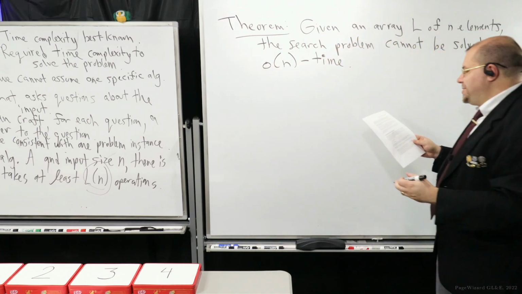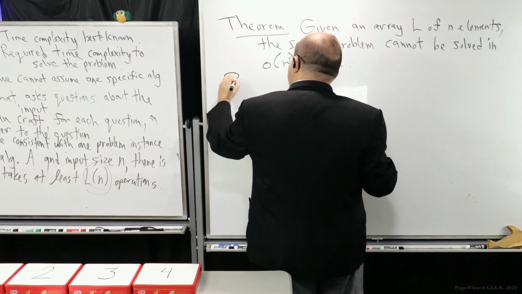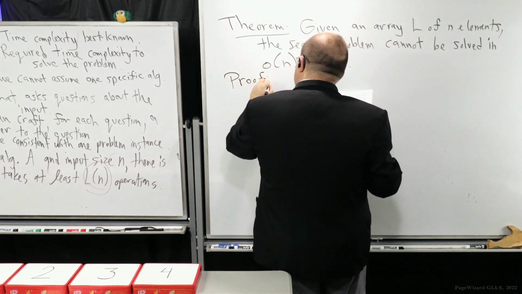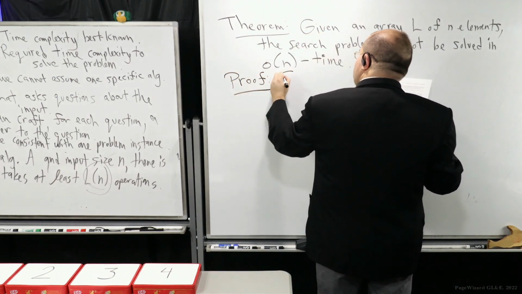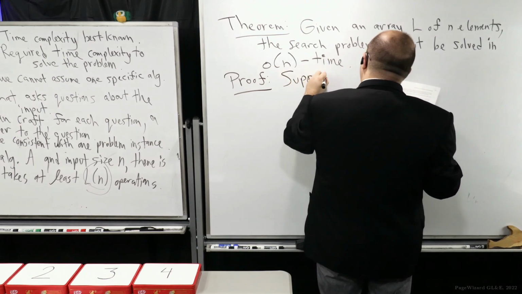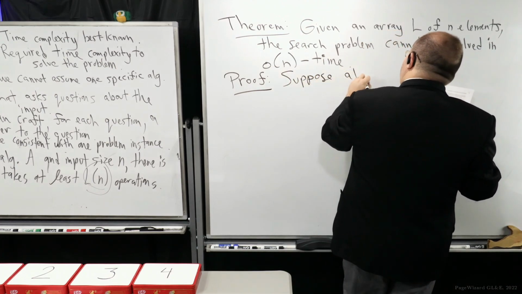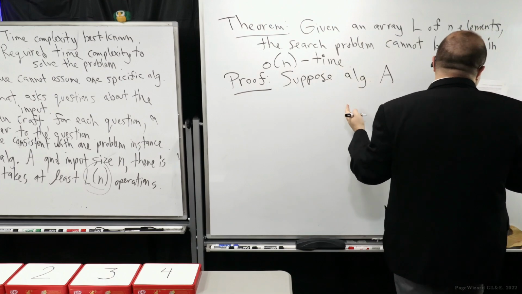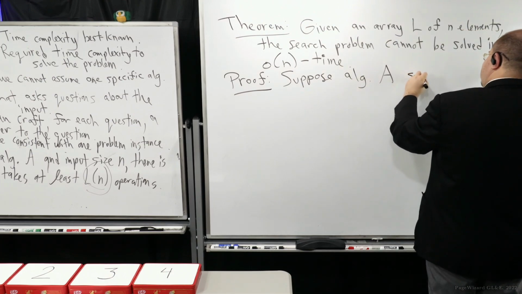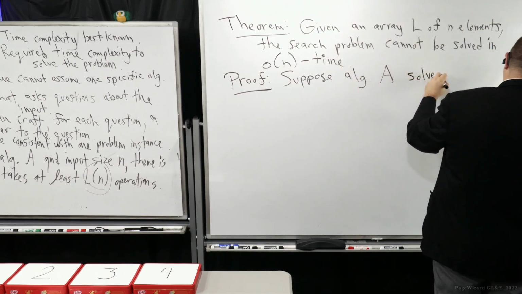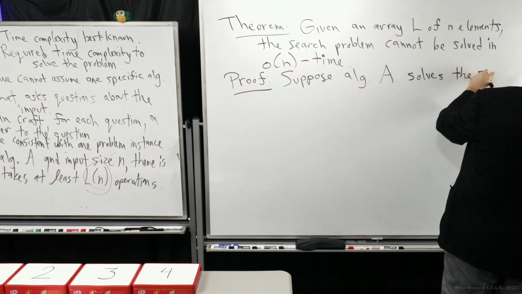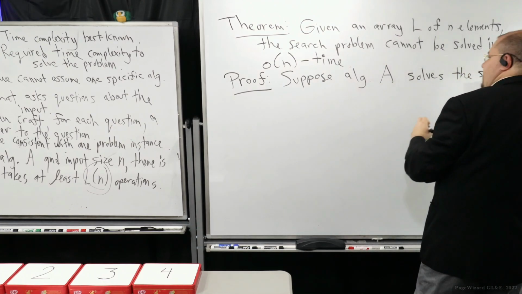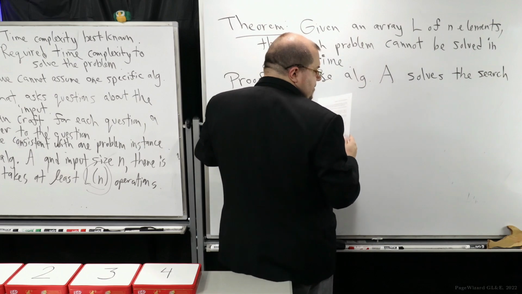So here's how the adversarial argument will go. So suppose algorithm A, so I don't know what algorithm A exactly does, it just solves the search problem. That's all I know.